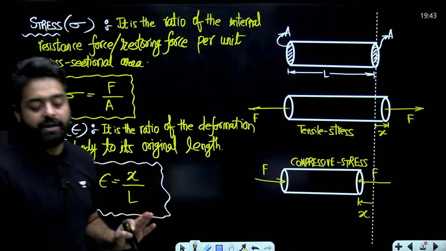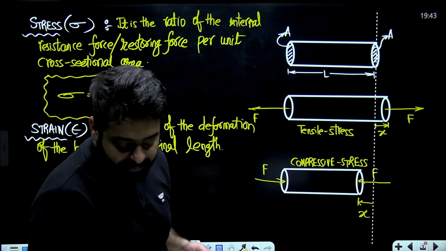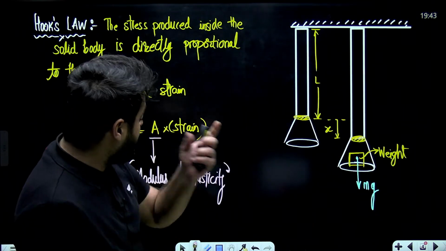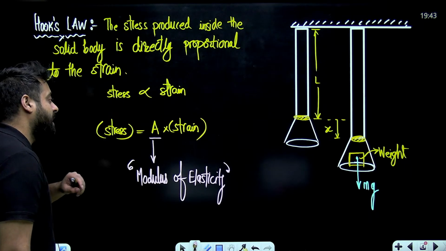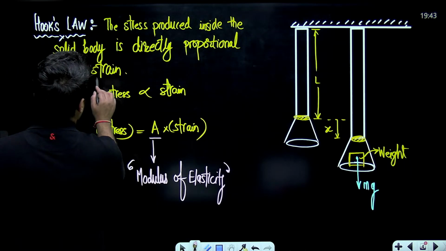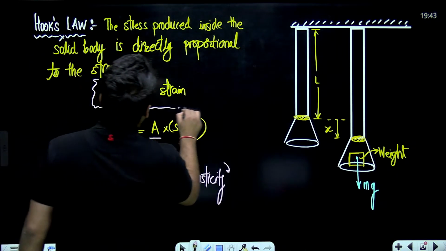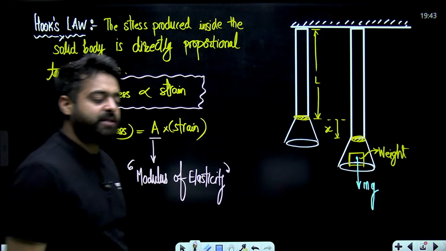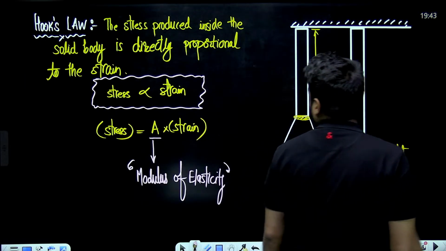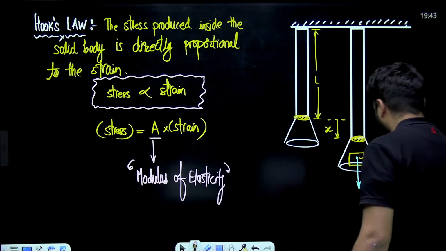So this is the Hooke experiment, and Hooke derived this parameter for every concept: any type of stress is always directly proportional to the strain. That is what is defined by Hooke.